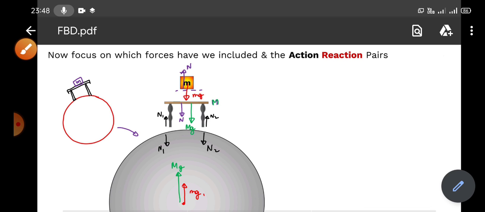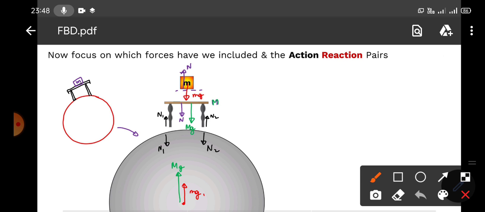Now we'll see how many forces are acting on the earth. Since the earth is attracting this block with mg force, the block is also attracting the earth with mg force. These two mg forces are action-reaction pairs.